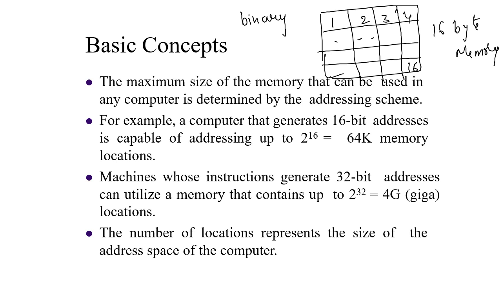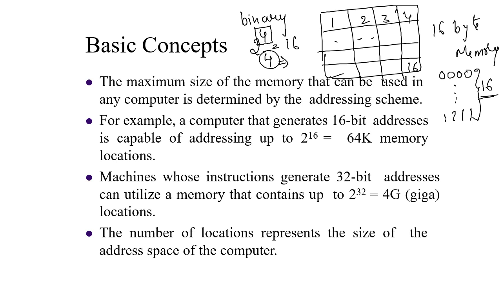If I write this 16 in powers of 2, it becomes 2 power 4 equal to 16. That means I need 4 address lines, or the address ranges from 0000 to 1111. So in this way I can generate 16 different addresses.